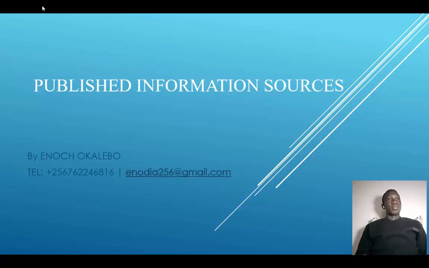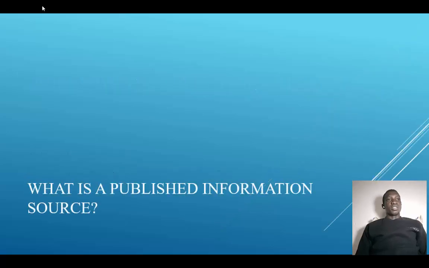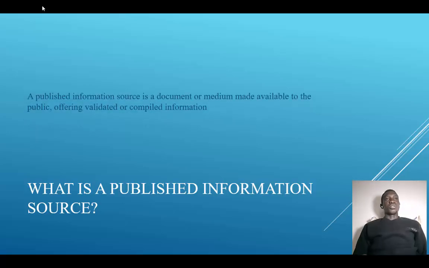So those are my details. What is a published information source? A published information source is a document or medium made available to the public offering compiled and validated information.